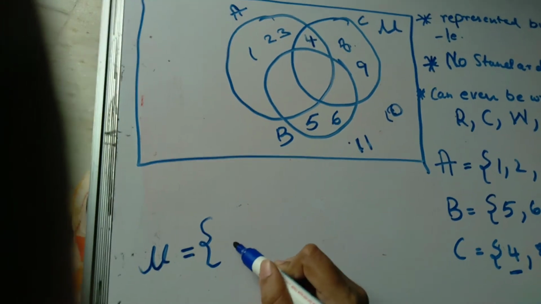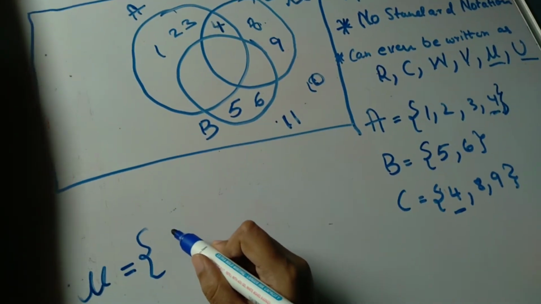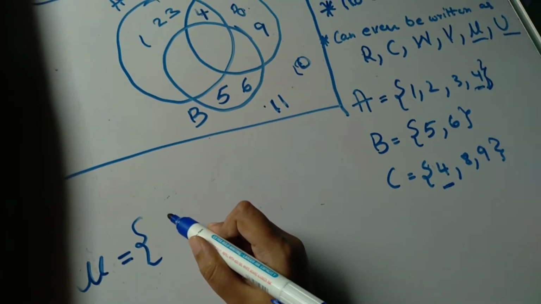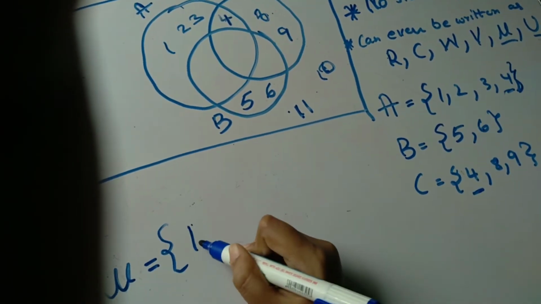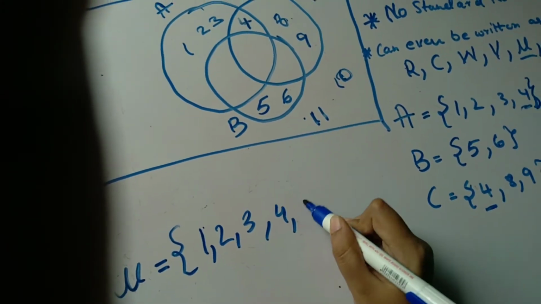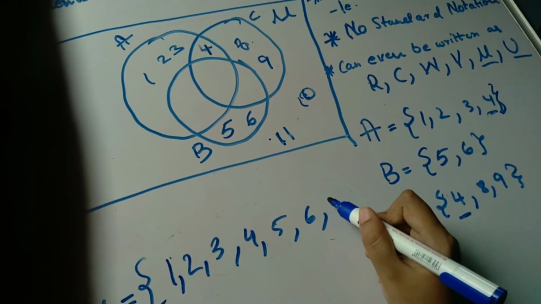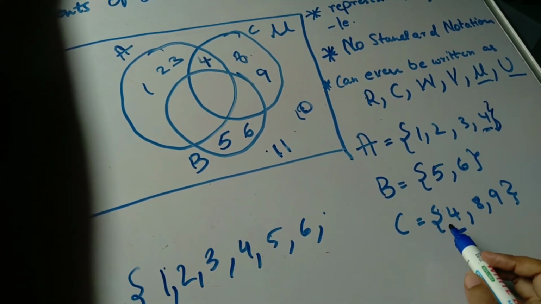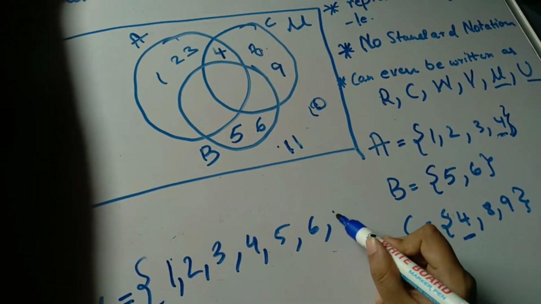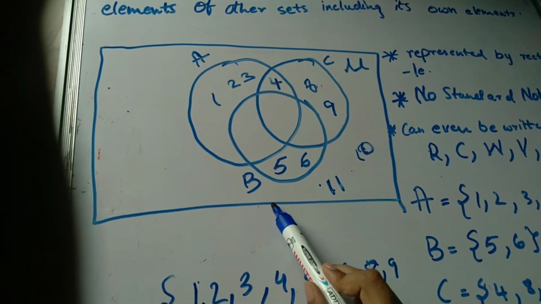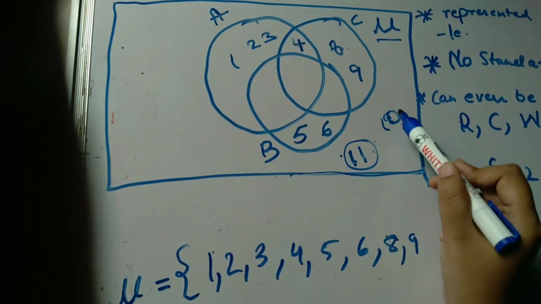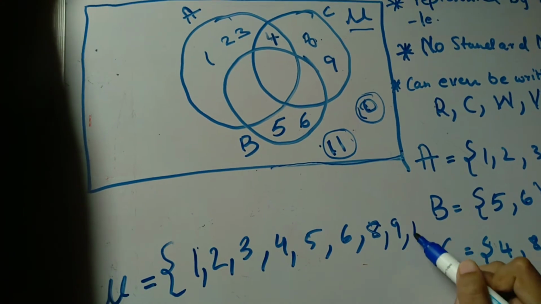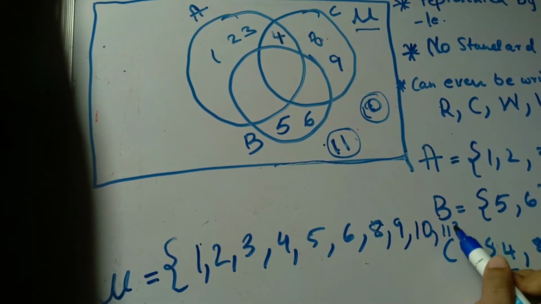So what are all the elements of A? Leaving the common elements, we have to take common elements only once. So write all the elements of all the sets: 1, 2, 3, 4, 5, 6. And in C, 4 is common here. We have already written 4, so we'll write 8 and 9. And including its own elements, the universal set elements are 10 and 11, so we will write even 10, 11.